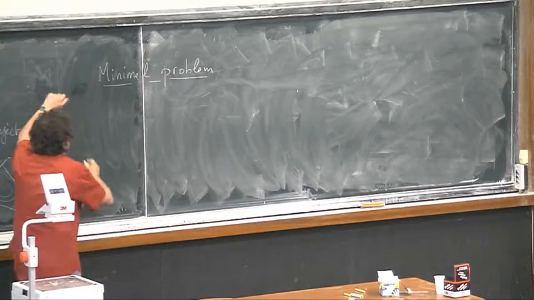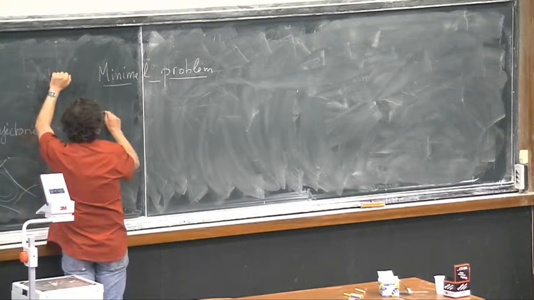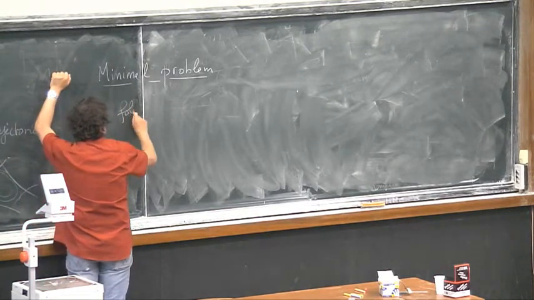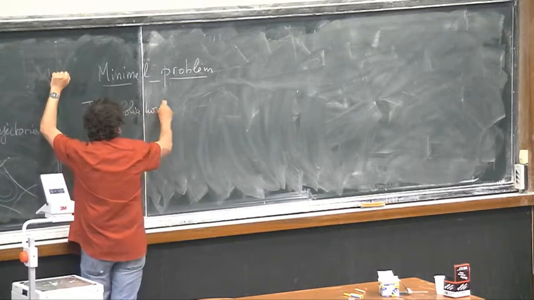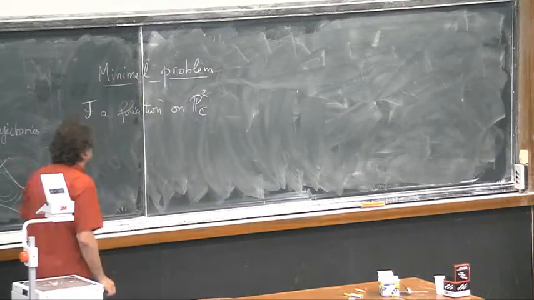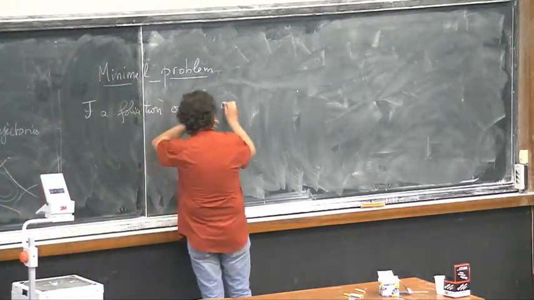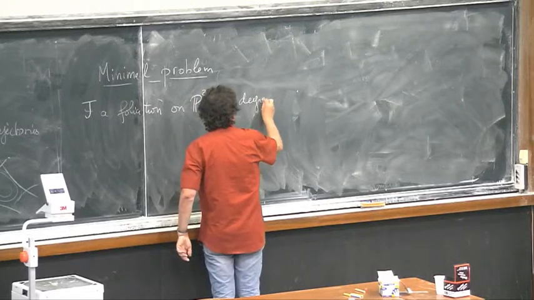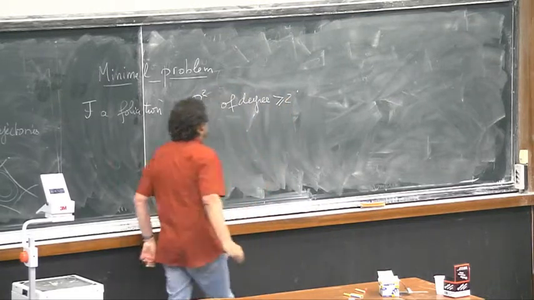Take a foliation on P2 of degree greater than 2.